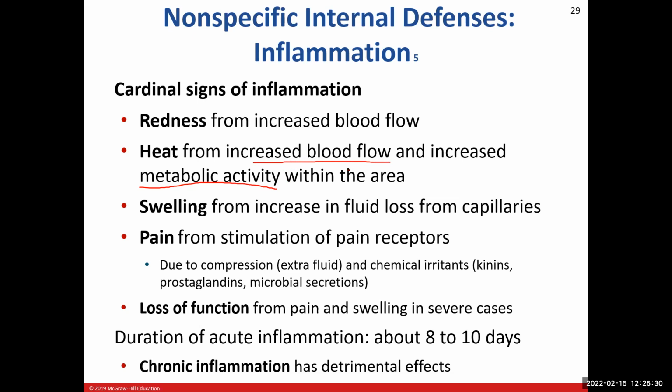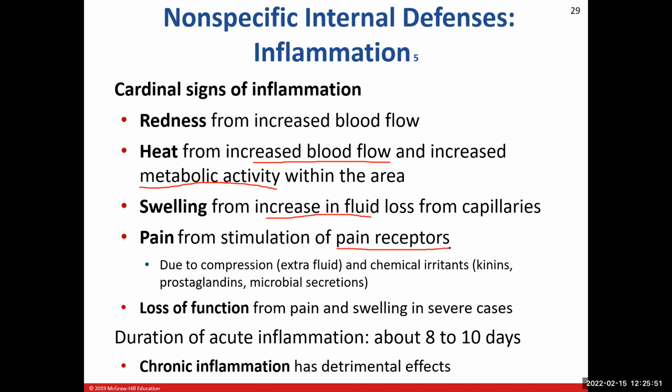Swelling. Well, we already know about that increase in fluid that comes into the area because those plasma proteins are leaving the area. And so that's going to cause more fluid to leave the capillaries and move into the tissue there. And then pain. We have all those pain receptors.